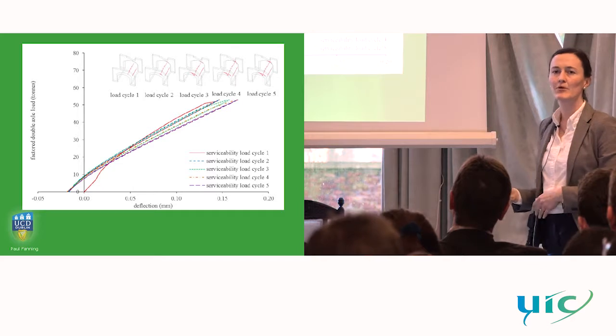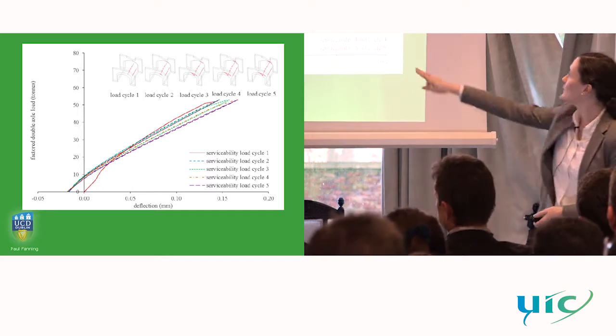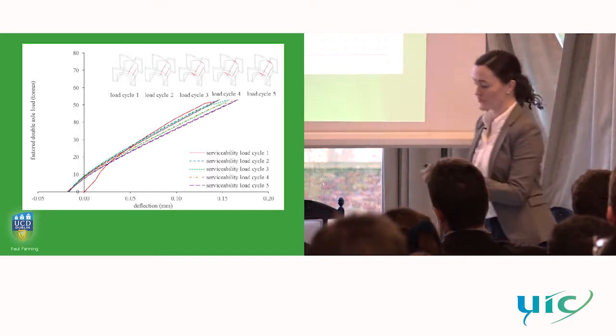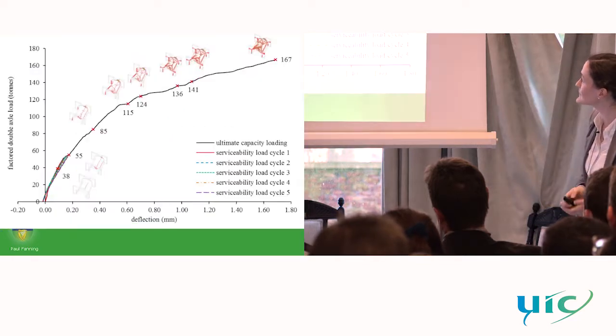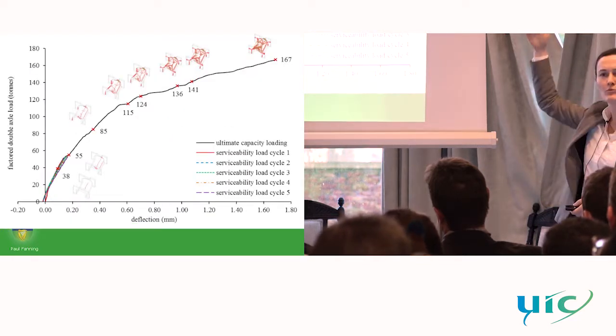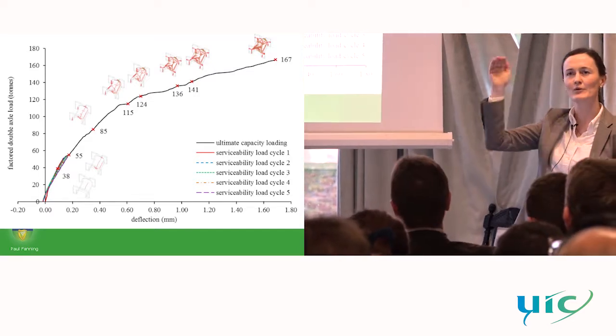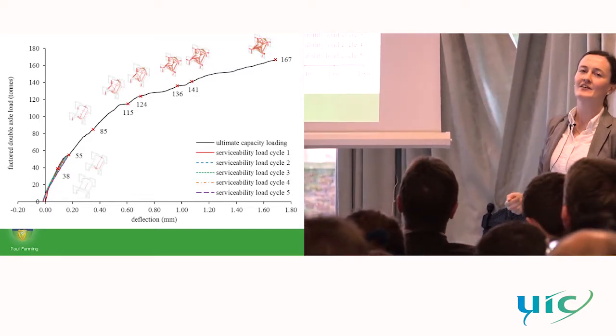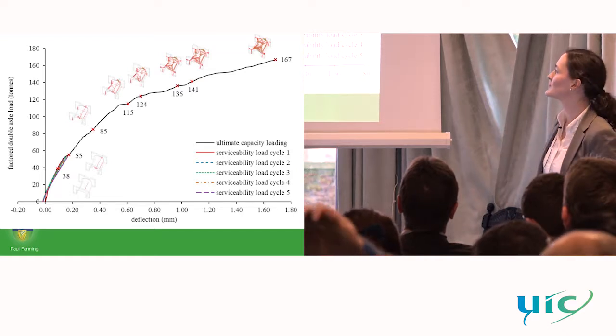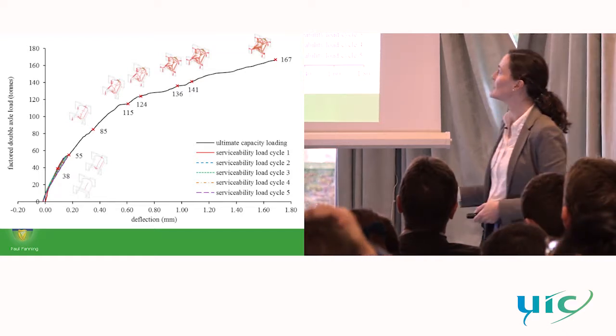So we were getting progressive cracking on each load cycle that you can see illustrated up there. And when you brought it just a little bit beyond this, you got another change in stiffness. So we were operating quite close to that level, getting incremental damage as we approached it.